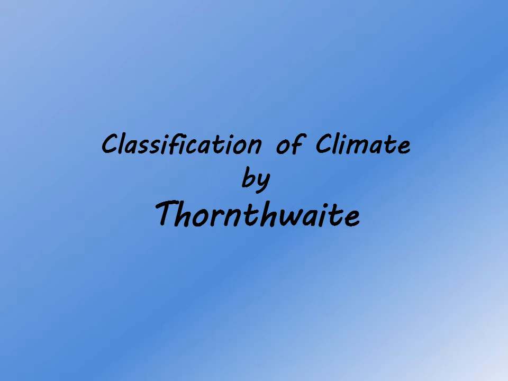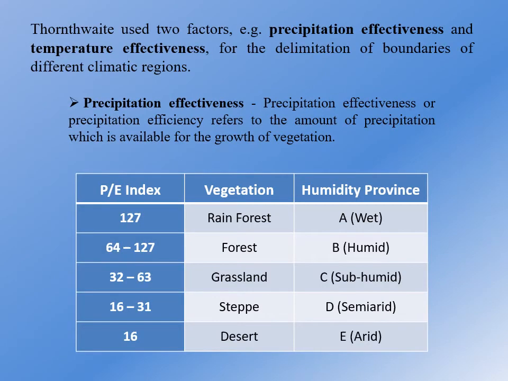The classification scheme of Thornthwaite is very much similar to Köppen's, in that it also attempts to define the boundaries of the different climatic groups quantitatively. Mainly, the Thornthwaite classification system also follows the vegetation types, and it also employs a combination of symbols to designate the different climatic types.